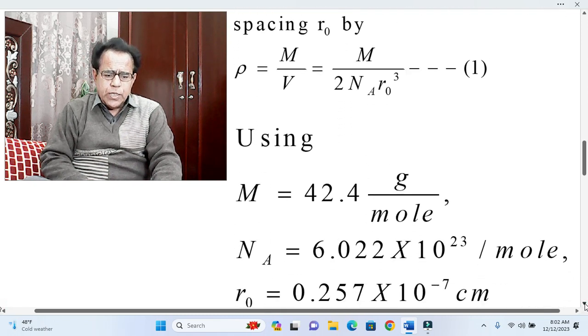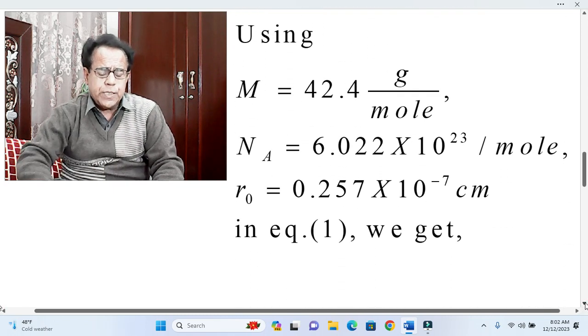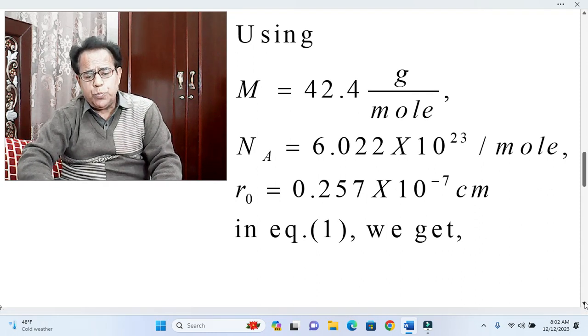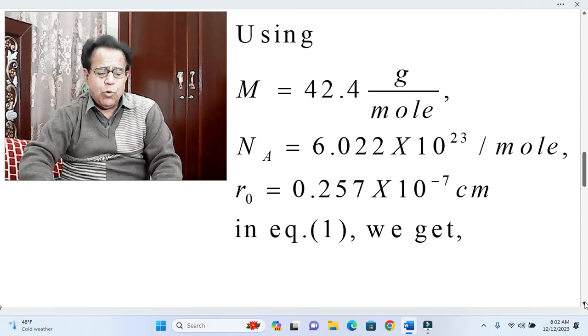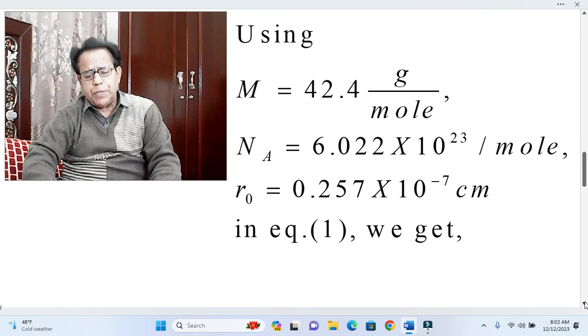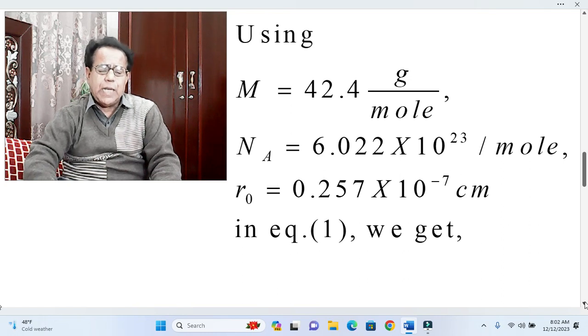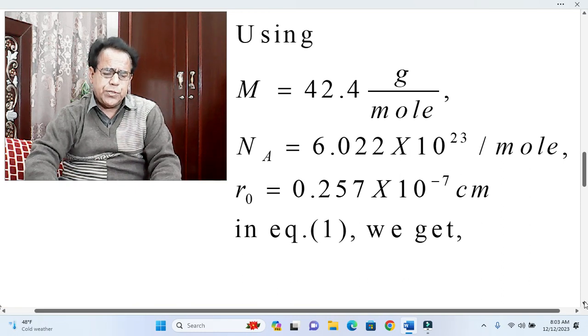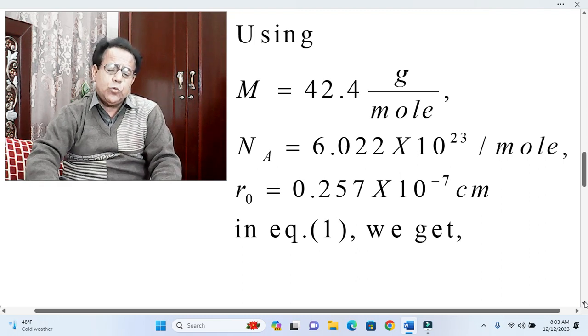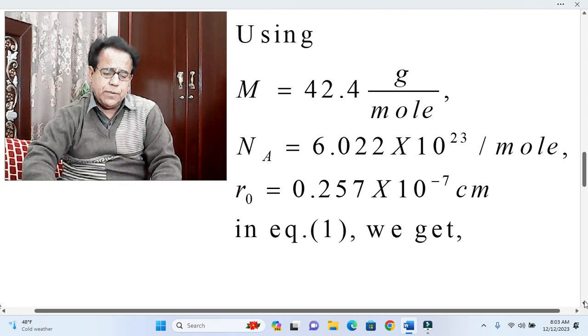Using molar mass capital M equal to 42.4 gram per mole, which is provided in the statement, Avogadro's number N_A equal to 6.022 into 10 raised to the power 23 per mole, taken from the snapshot or any other table of physical constants. R naught is also provided in the statement, which is equal to 0.257 into 10 to power minus 7 centimeter.